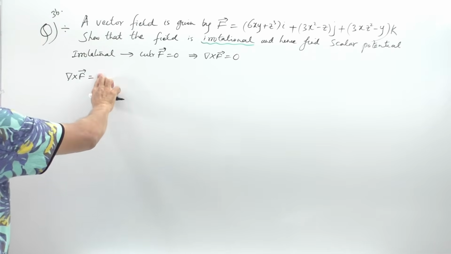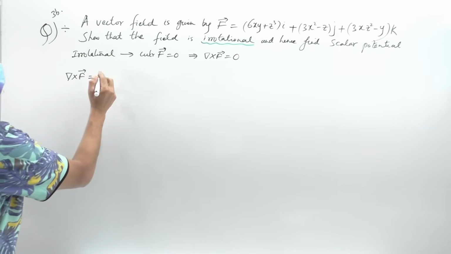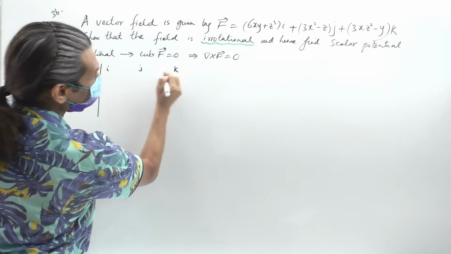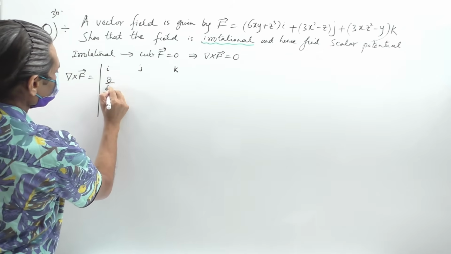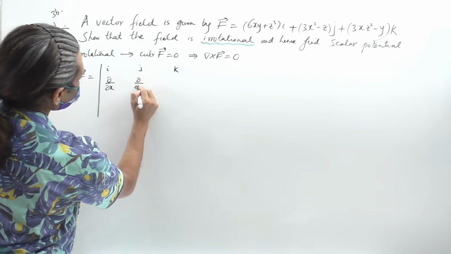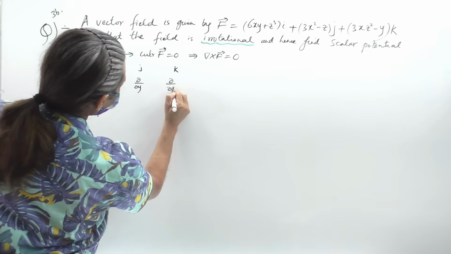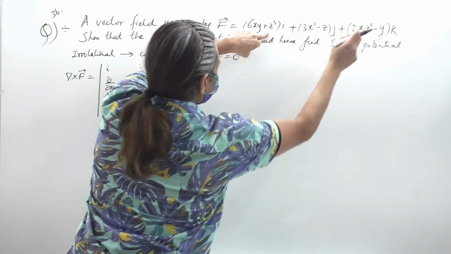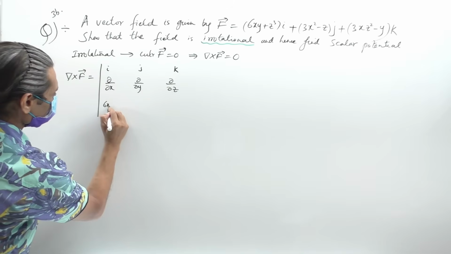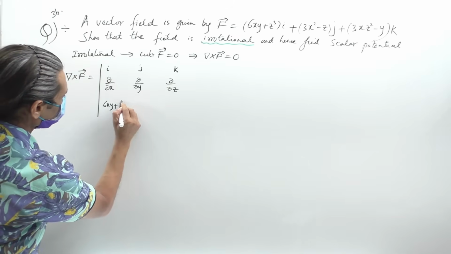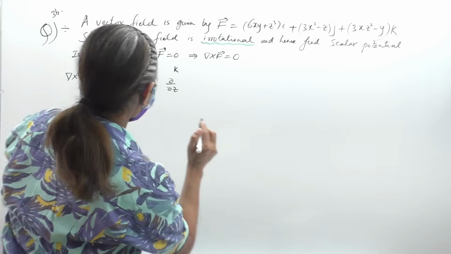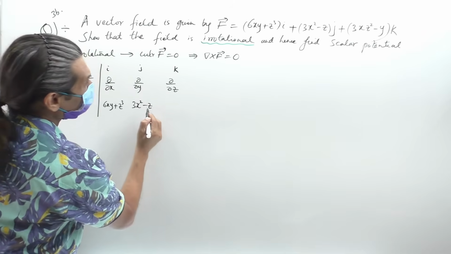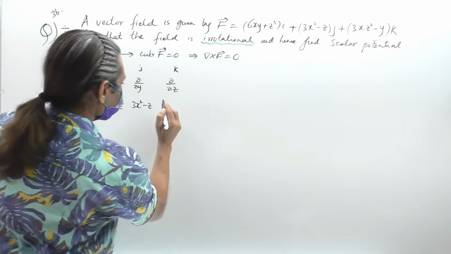So del cross F will be equal to, simple. It's a determinant, the curl: i, j, k, dou by dou x, dou by dou y, dou by dou z, and the i, j, k components, that is 6xy plus z cube, then 3x square minus z, and 3xz square minus y.